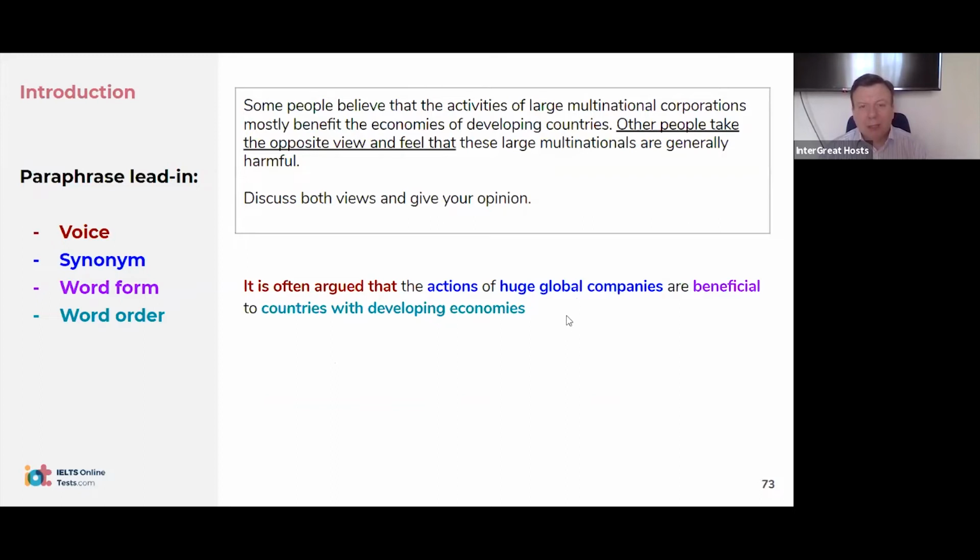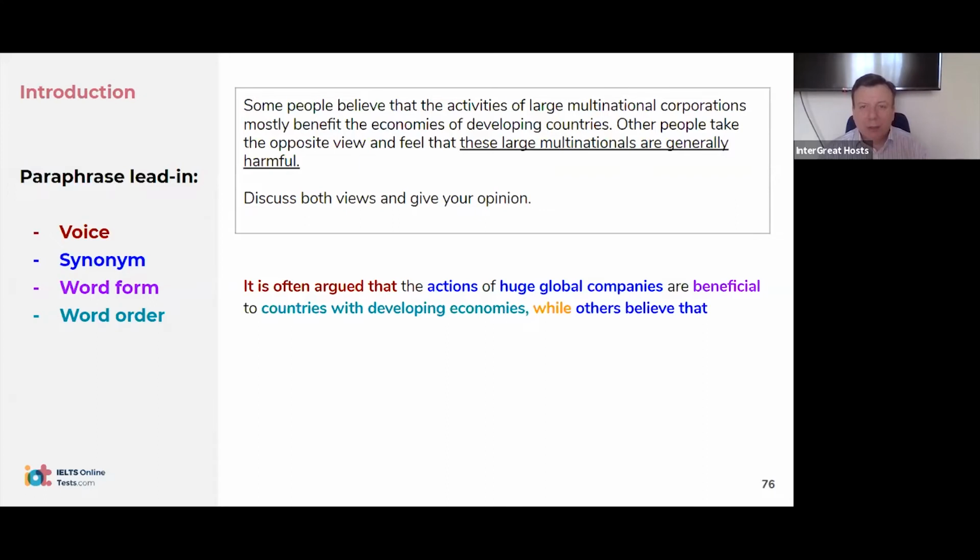So how are you going to rewrite that? Well, we can put while. So we need to show the contrast. Okay, others believe that. Okay, so synonyms.